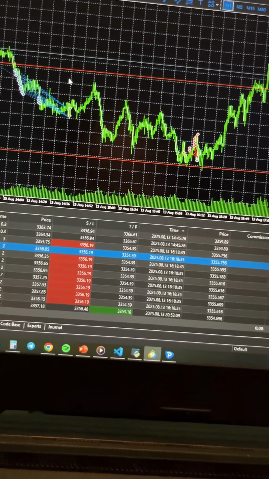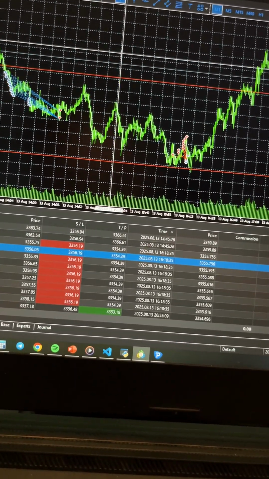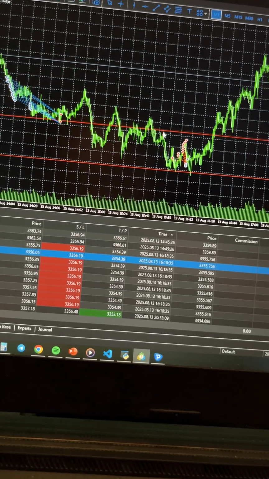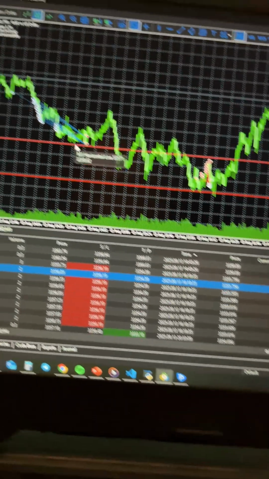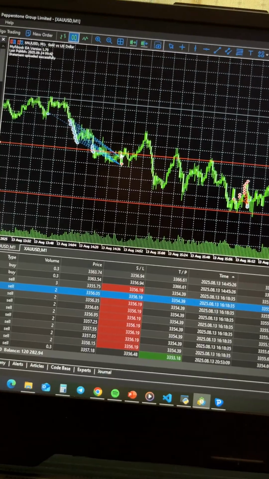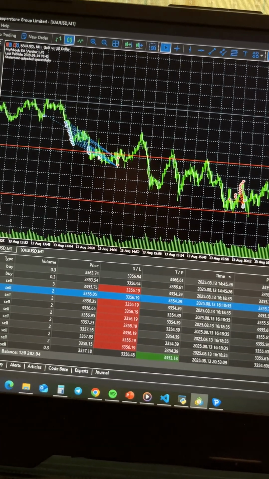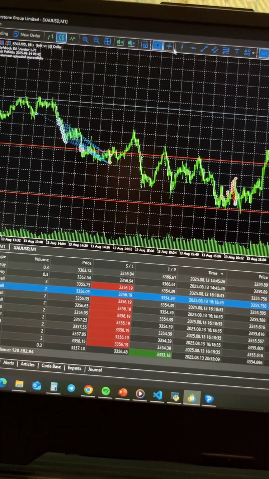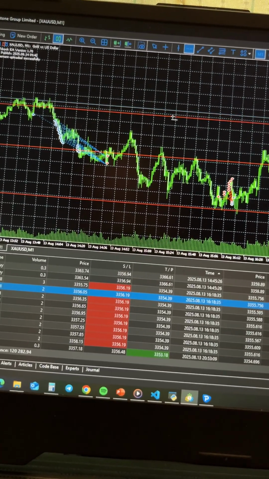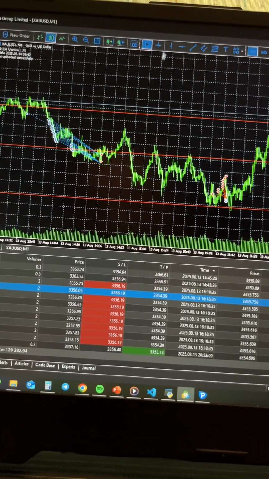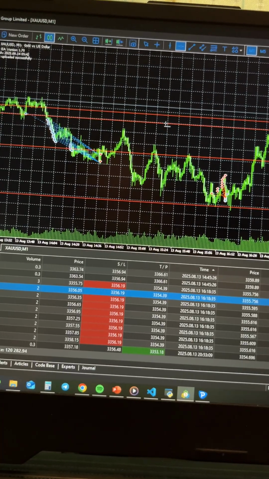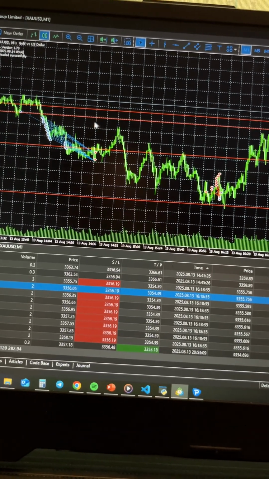Let me tell you something. When we are using 2 pip step here, the last layer would be here, so we can expect our averaging take profits around here, and emergency is around here.